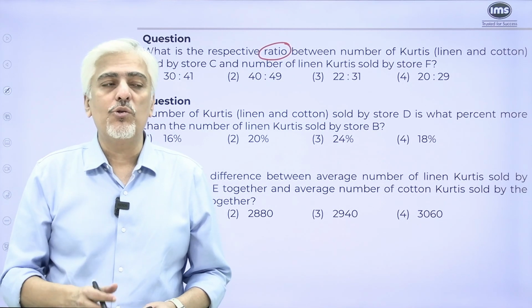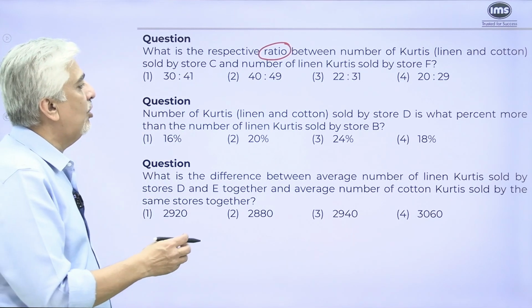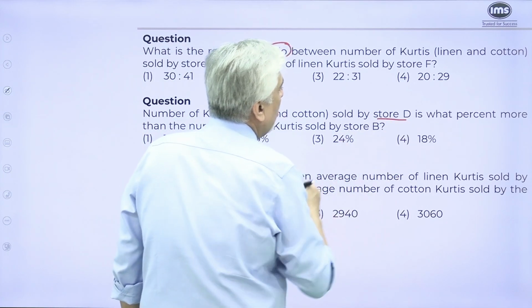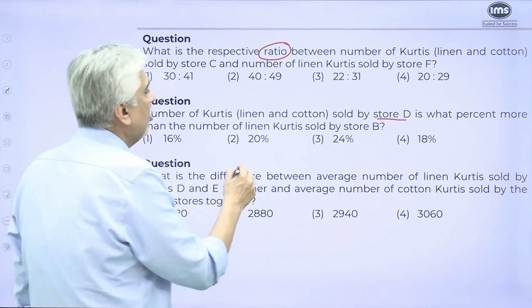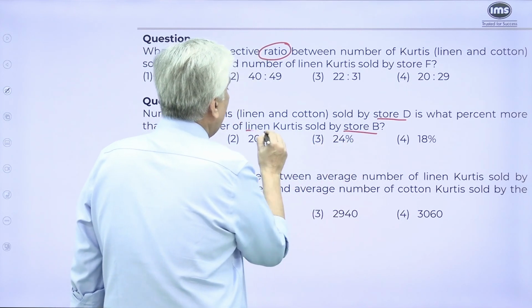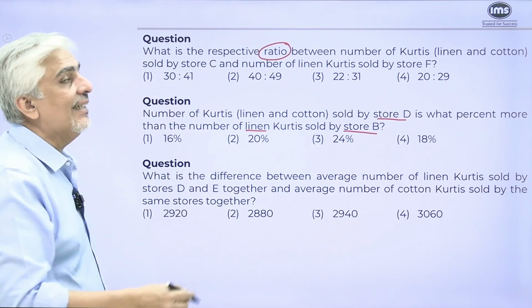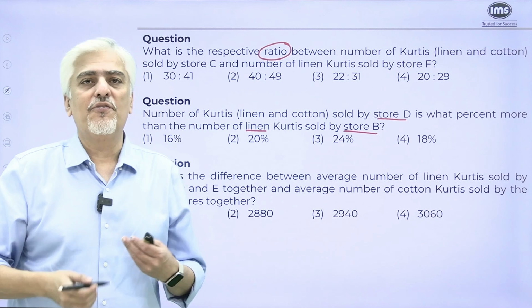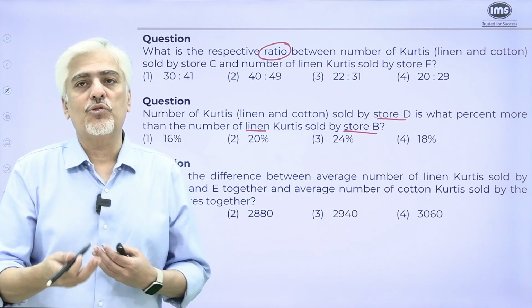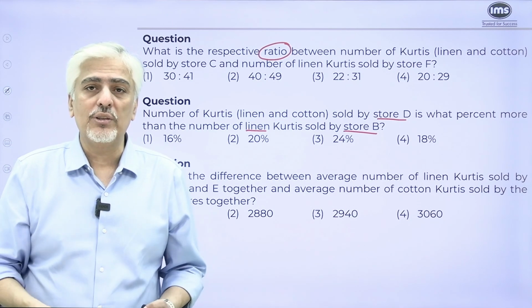Second question: the number of kurtis, linen and cotton, sold by store D is what percentage more than the number of linen kurtis sold by store B? Again, the final answer is a percentage, which is as good as a ratio. From the ratio only, I'll find the percentage. So for the second question also, I don't need 84,000.